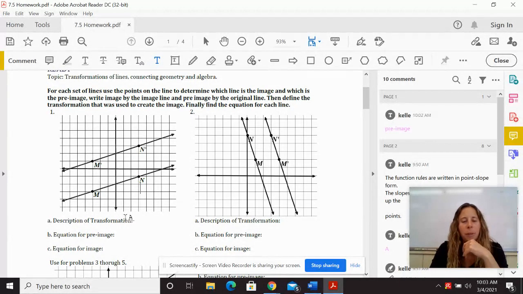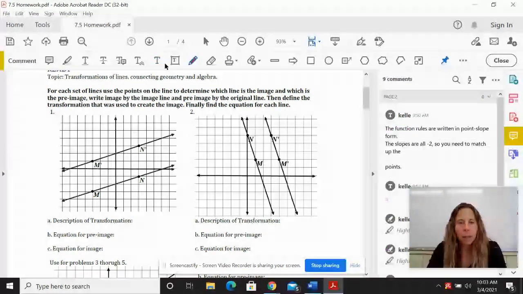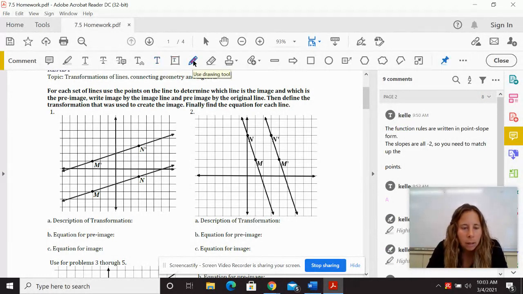Okay, description of transformation. So I'm starting here, and I'm going up to the M prime, N prime line. It looks like I'm just going 1, 2, 3, 4. From M to M prime, I'm going up 4.